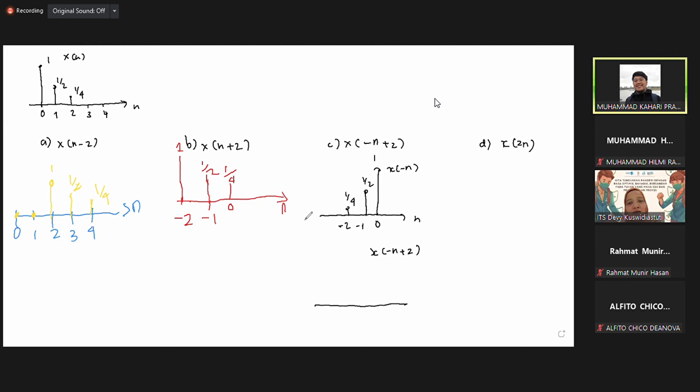I mean, it advances by 2 places, right? What is your reason that it should be shifted to the left?